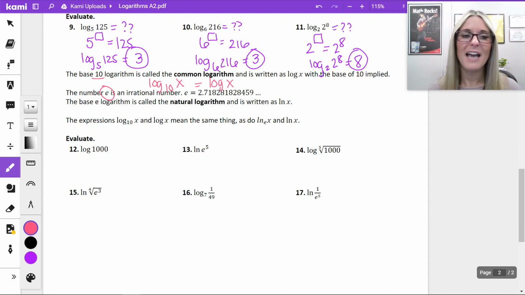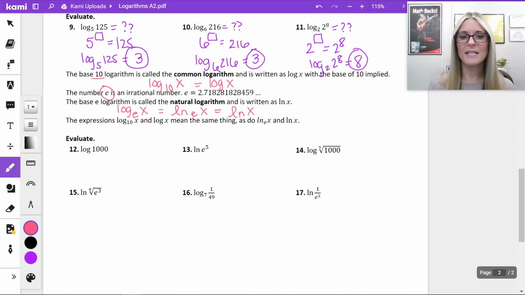Now, if we have a base e logarithm, we call it a natural logarithm, and we write it as ln of x. So if I have log base e of x, it is called a natural logarithm, and you're going to hate me for this, but it is true. Natural logarithms we represent as ln of e to the x, just showing that it is actually just ln of x.